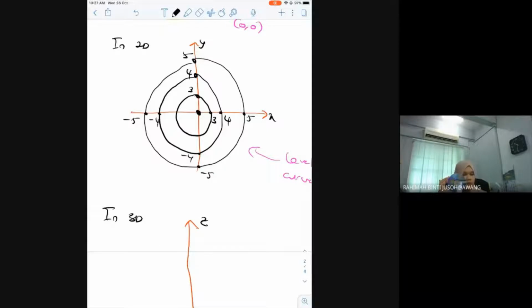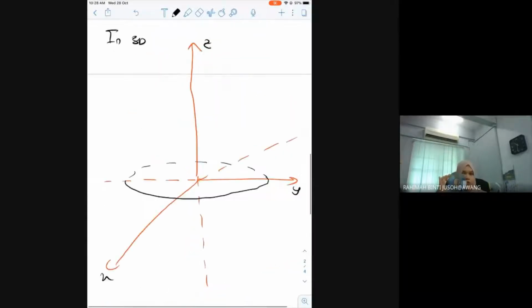When we transform into 3D, we will change the position like this. So do you understand? Right here should be 5. Here is 5. Right here is negative 5. At the back should be negative 5. This is at the level of k equals to 0. Dia tak ada ketinggian daripada lantai. So ni CD awak macam tu.